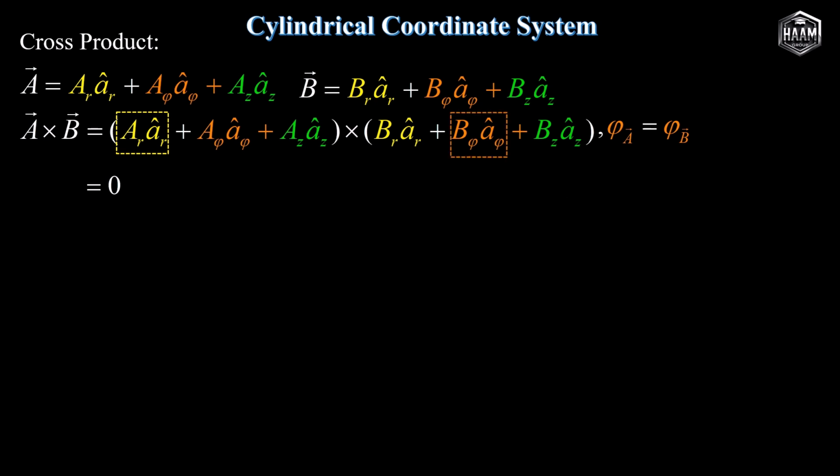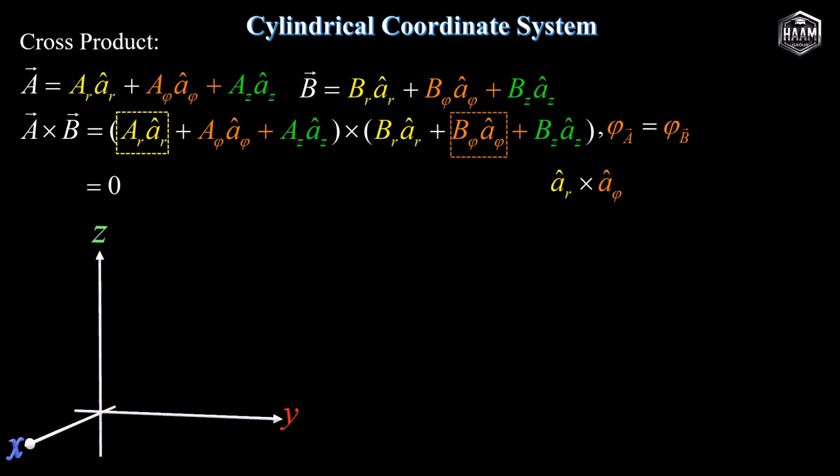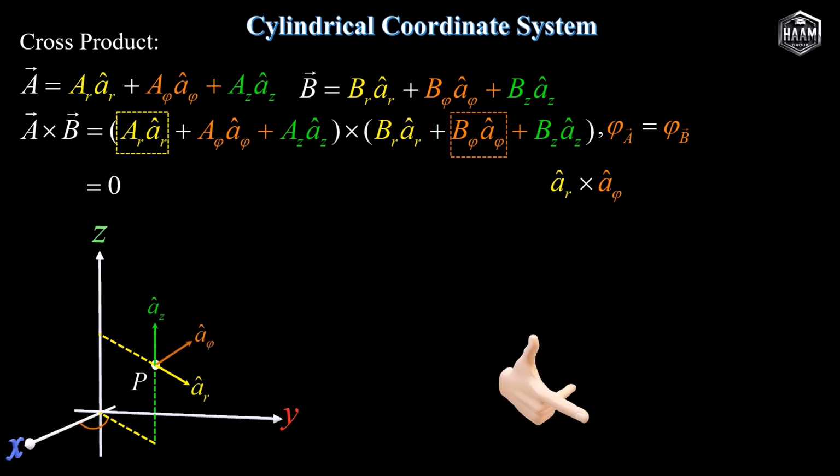For the second term, evaluating the cross product of unit vector A hat sub r with unit vector A hat sub phi requires applying the right-hand rule at reference point P. Aligning the index finger with unit vector A hat sub r and bending the middle finger perpendicularly toward unit vector A hat sub phi causes the thumb to point in the direction of unit vector A hat sub z.